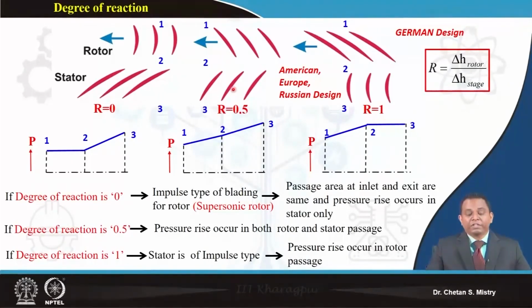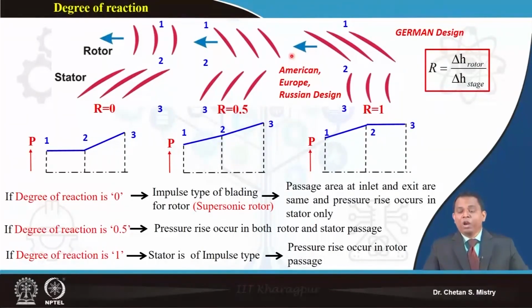This one represents a degree of reaction of 0.5, and this stage represents a degree of reaction of 1, or 100% reaction. 0.5 I will say 50% reaction, and 0 I say 0% reaction.